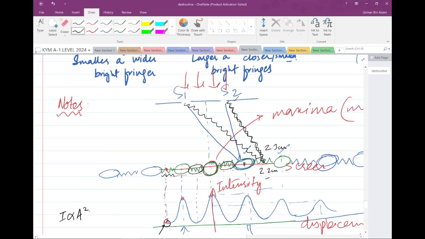So they are not going to completely cancel each other out. There will be some amplitude still remaining. That is why a dark fringe is not actually going to be completely black. It's going to be dull. It might have some light in it, but it will be dull as compared to the brighter fringes.